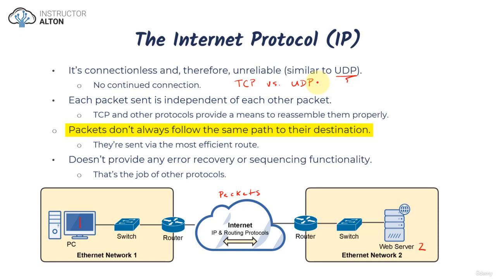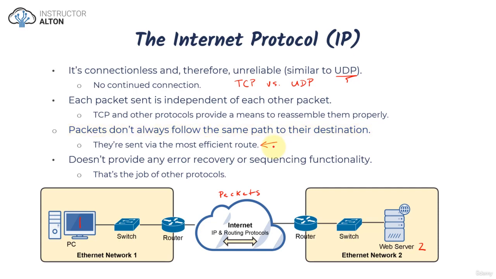And if we think about the internet, it is ginormous. As you can imagine, the environment is changing regularly every second. And so the most efficient route 1 second ago may not be the same as the most efficient route now. And so these IP packets are going to utilize these routing protocols to determine the most efficient route. So packet 1 may go one direction and packet 2 may go a different direction.